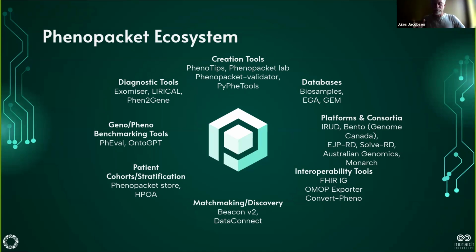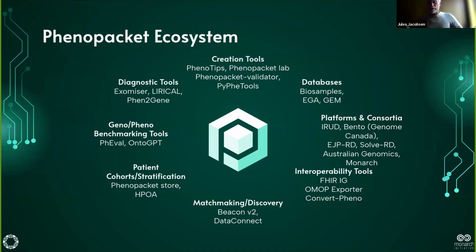There's a few changes, but it's almost a one-to-one leftover of the Phenopacket schema itself within Beacon v2. That's been used for patient matchmaking and also patient discovery. So you can give it a phenotype match and say, have you got any patients like this? It'll go off throughout the Beacon network, and you can then find the patients that are similar to the one you're looking for. Data Connect does some similar things, but in a different way.